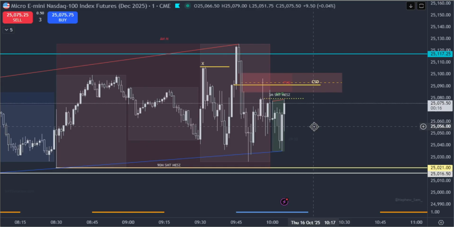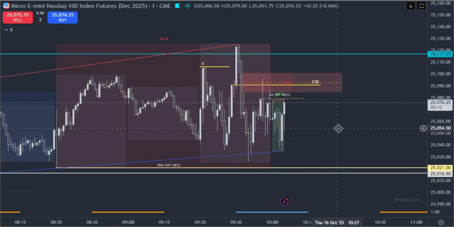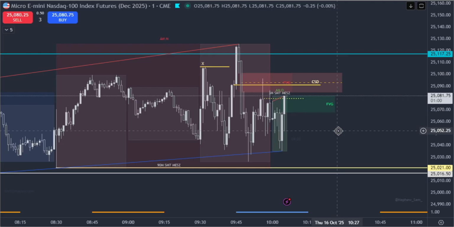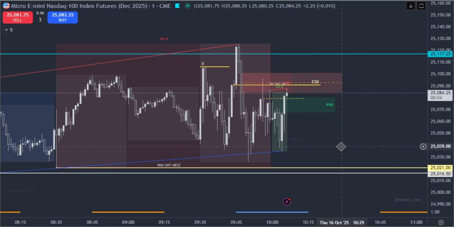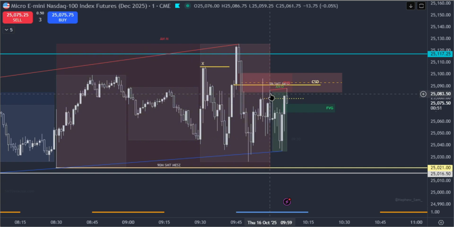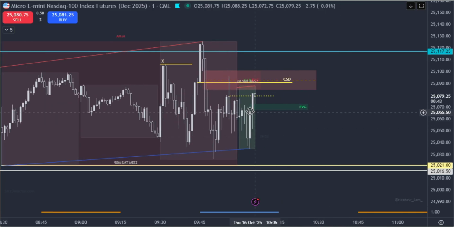All right, so we have SMTs at these highs now. We're still inside our time of interest. All right, we took this high right here. I want to see how this candle closes, because this wick right here, we sweep it, SMT.